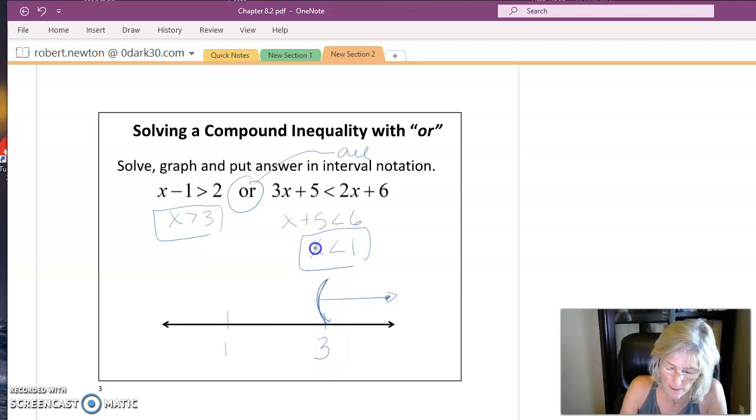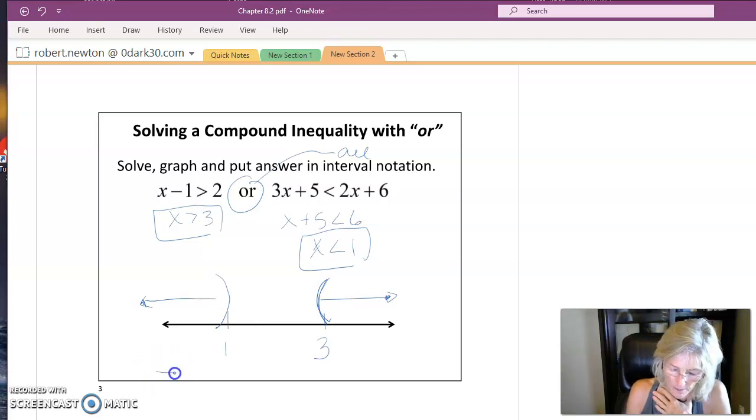X is less than 1, so that means all the numbers on the number line are less than 1. So that would be my arrow for that one. And I know that it doesn't include 1, so I need a parenthesis. And again, the parentheses should face the same way as the arrows. So now let's see what can be included in our solution.